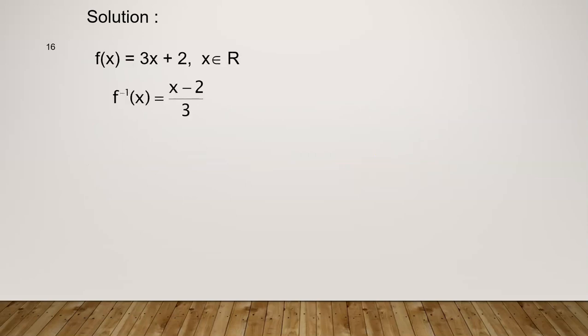Okay, so this is the solution. Use the formula to find the f inverse, then you get (x minus 2)/3. The domain is negative infinity to positive infinity, which is also R, the real numbers.